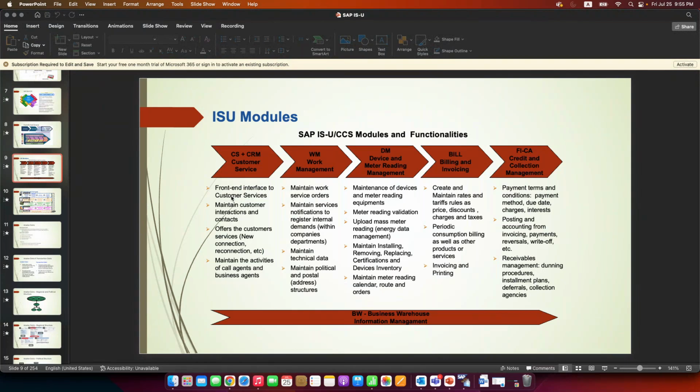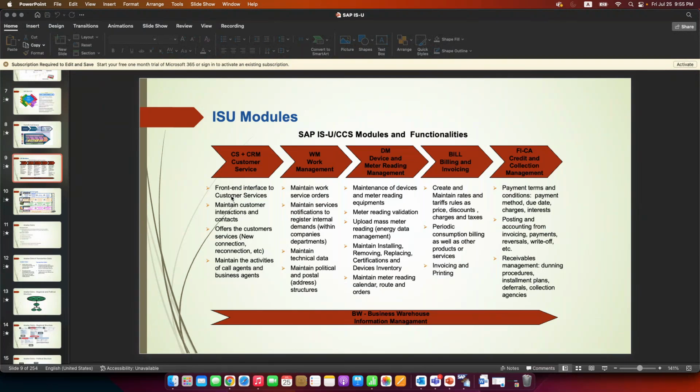Temporary reconnection: most electricity utility companies also give you some equipment on a rental basis. Don't think about utility companies only for residential, right?